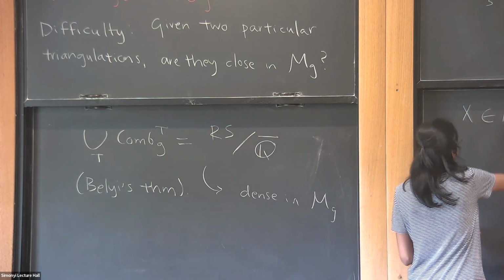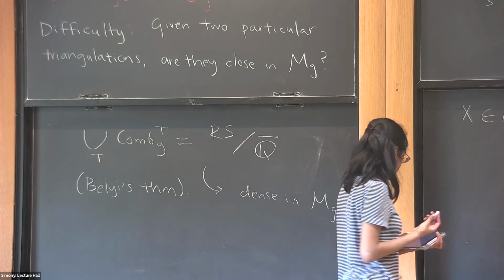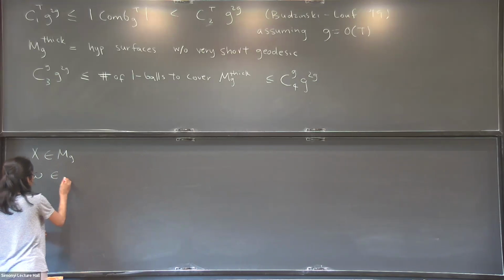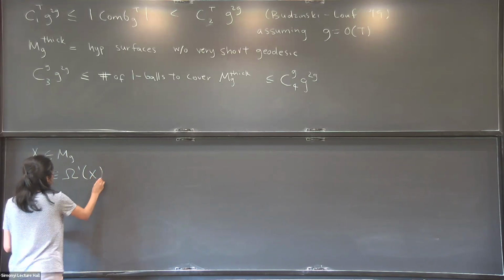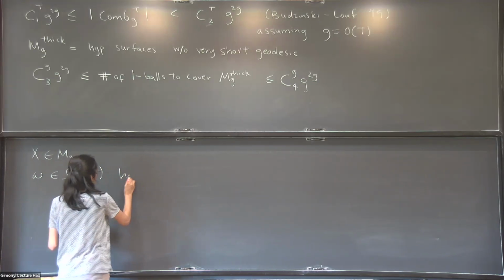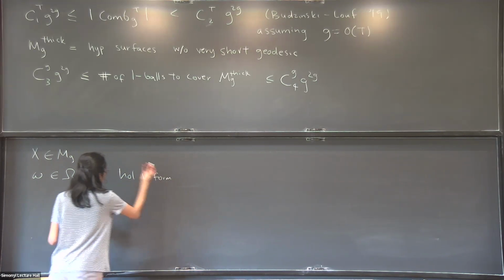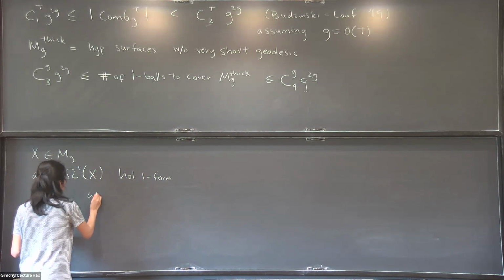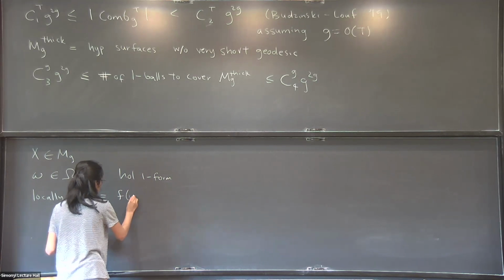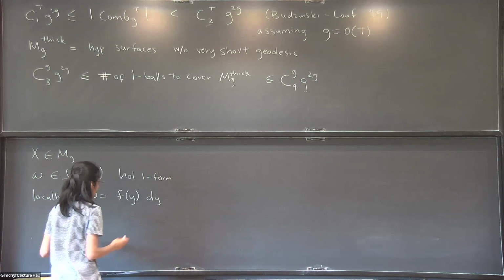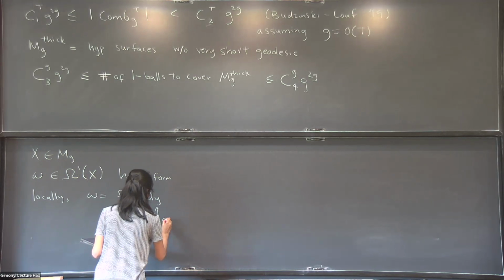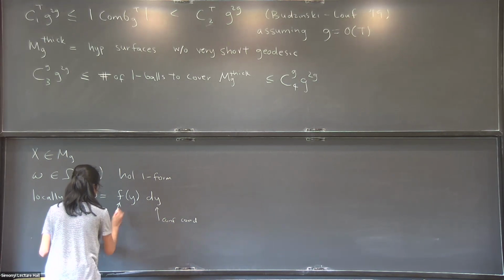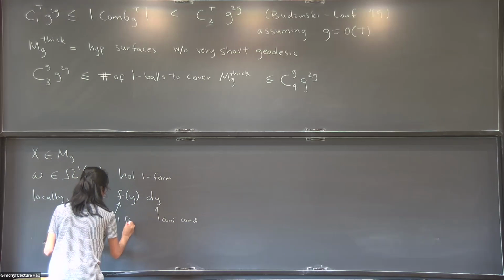So let X be a Riemann surface. Let me explain what a holomorphic one-form is. It's a section of the canonical bundle, or locally it can be written as f(y) dy, where y is a local conformal coordinate and f is a holomorphic function.